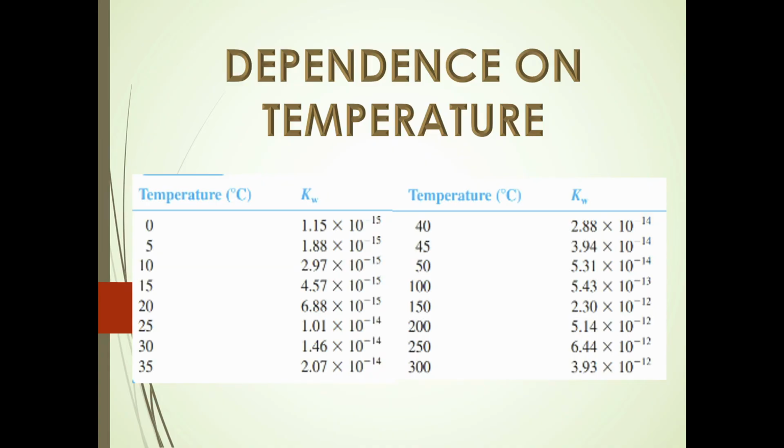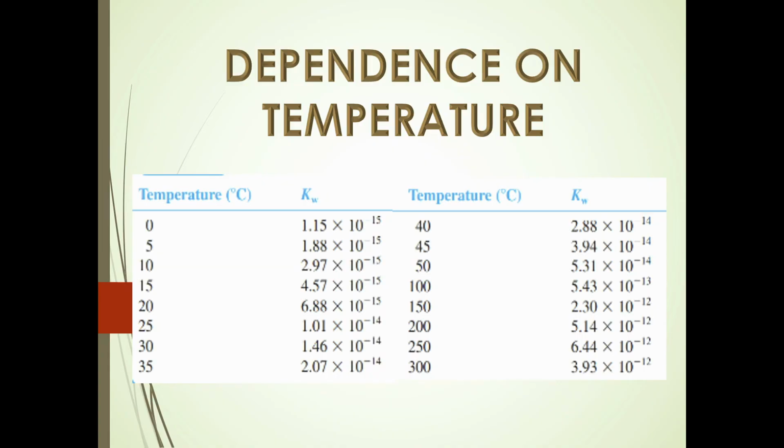When we talk about 1 times 10 to the minus 14, we are talking about our standard temperature, which is 25 degrees Celsius. You can see, as it gets colder, it doesn't react as well. If when it gets colder it doesn't react as well, this must be an endothermic reaction. So as I add heat, my K value gets larger and larger.